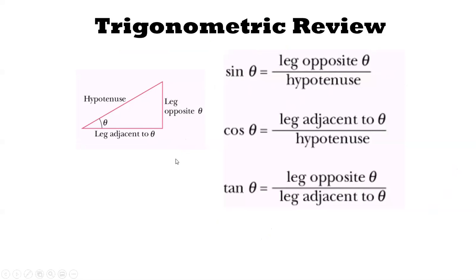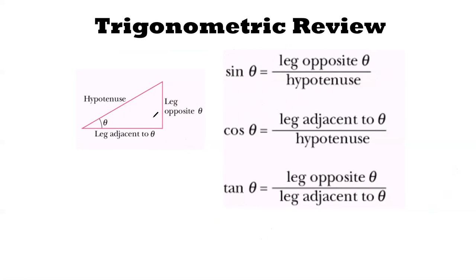This is just a trigonometric review if you have not seen this for a while, and you don't need complicated things. This is what we are going to use over and over and over. You should know the definitions for cosine theta, sine theta, and tan theta.